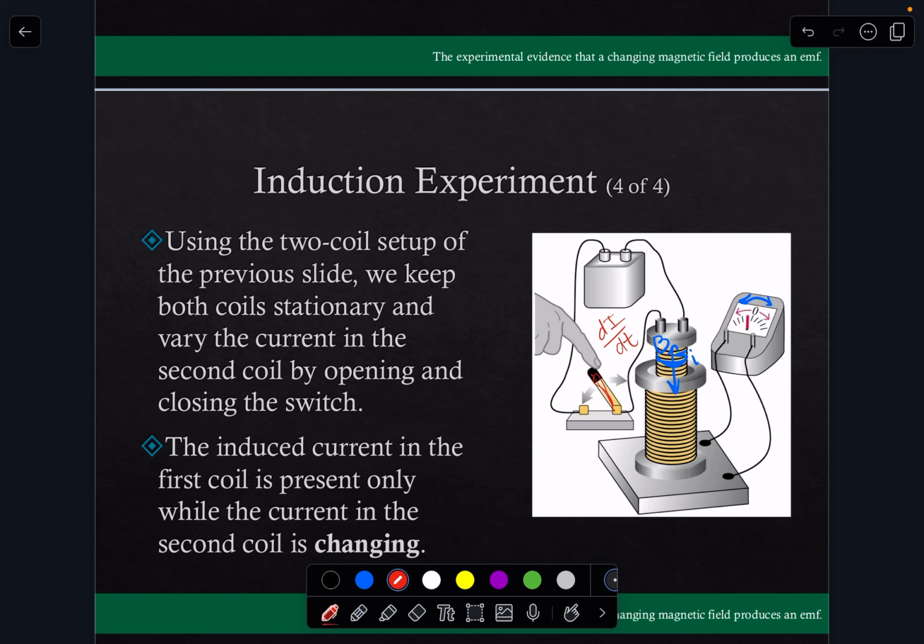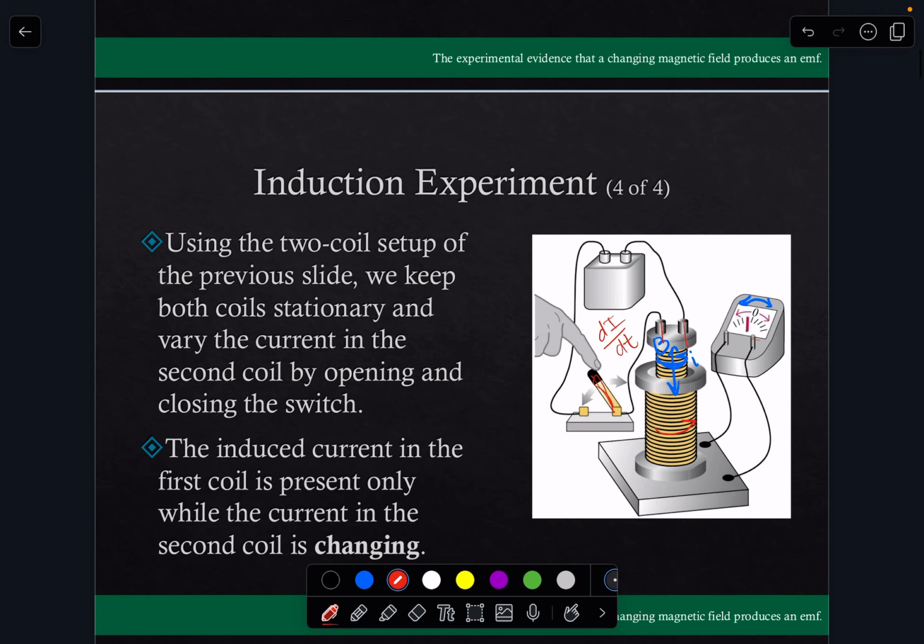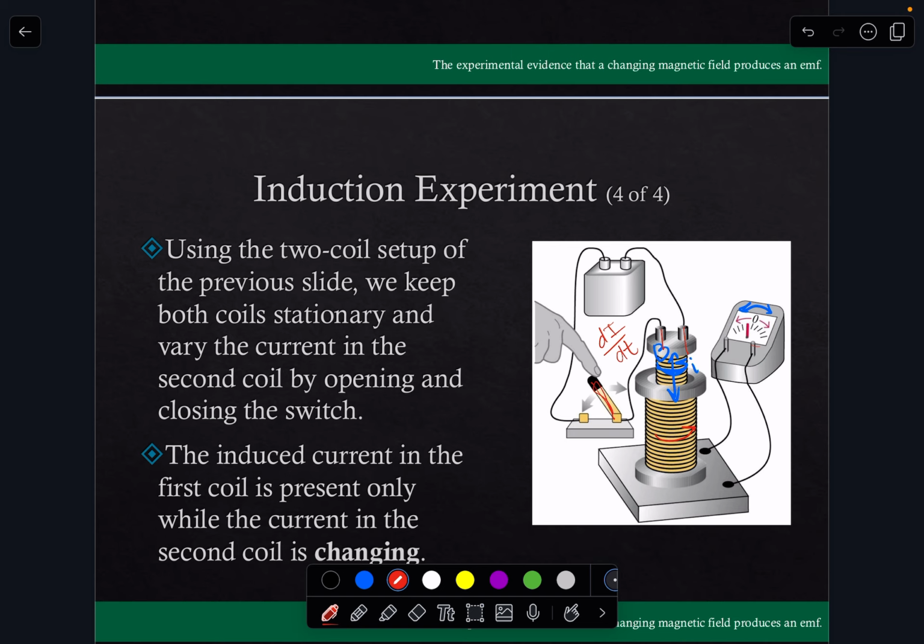And what they again saw was another current in these wires being produced by simply changing the current through this solenoid, okay? So there is a couple of things happening, right? We are changing the magnetic field that is flowing through the center of this solenoid by changing the current. And that was producing the induced current.